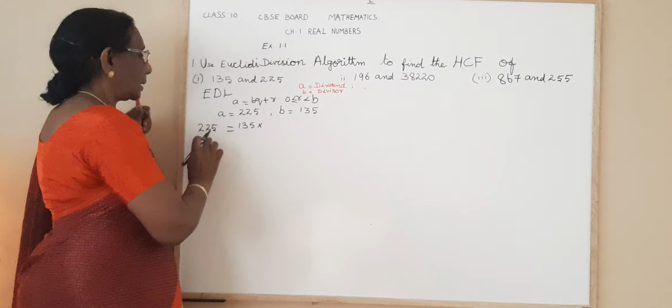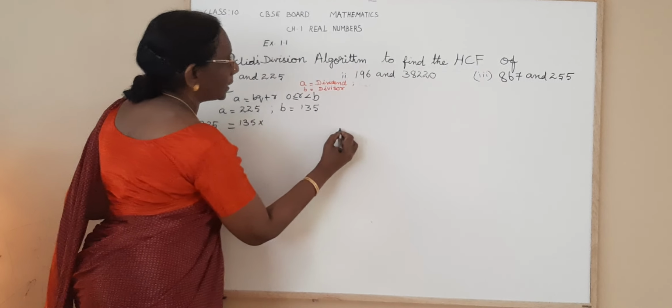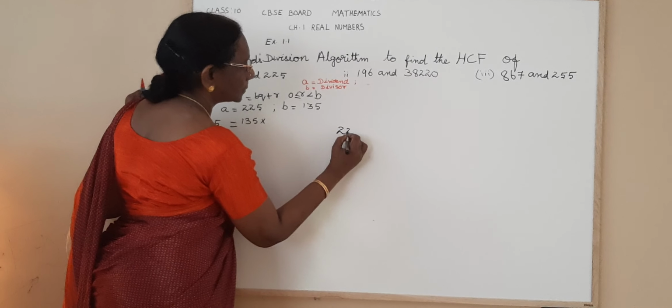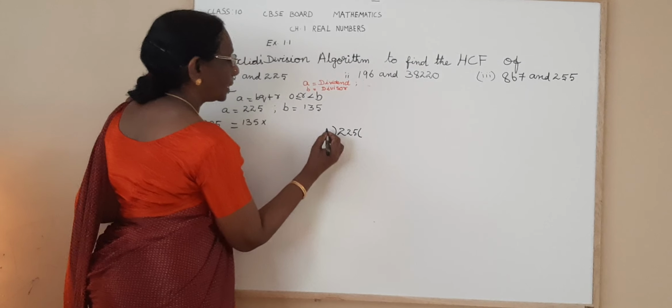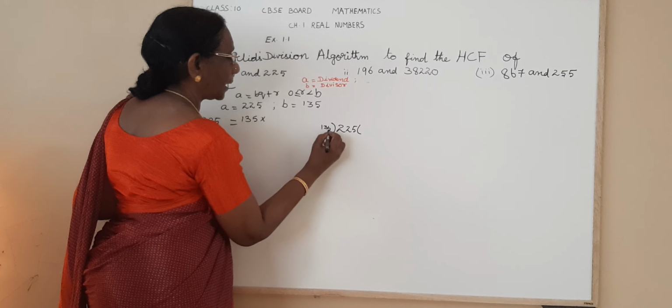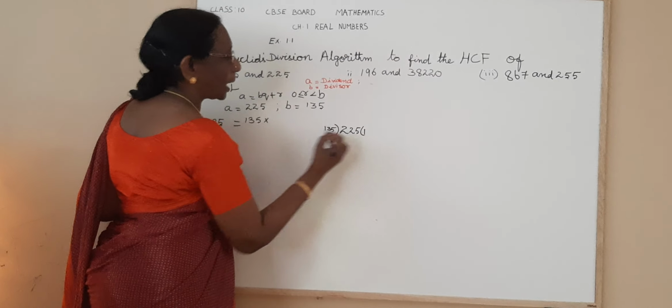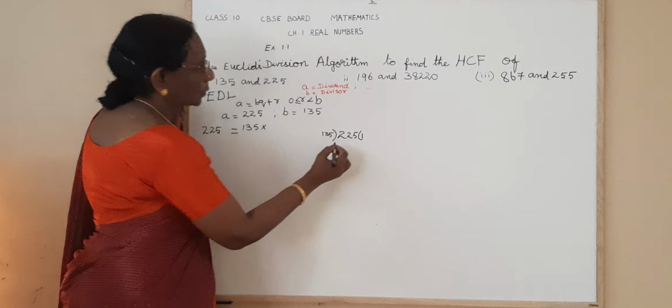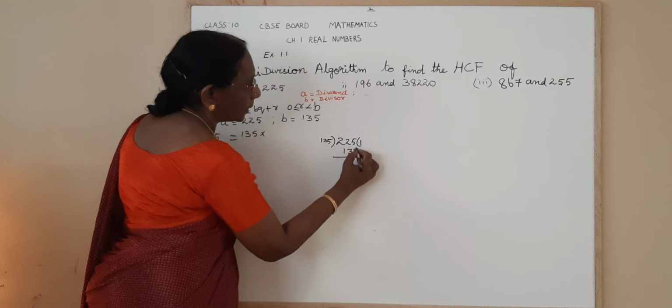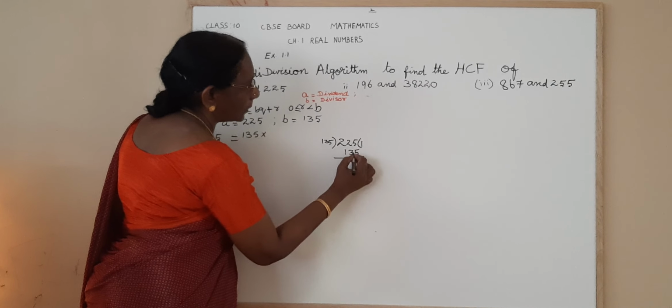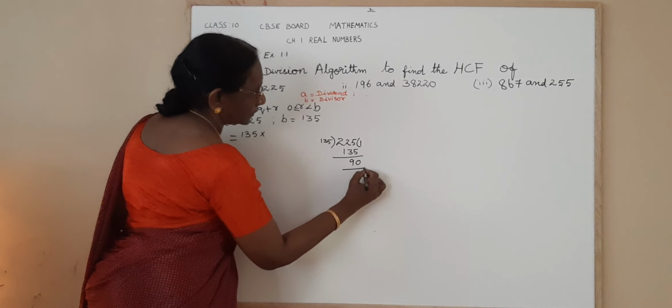Okay, now let us divide 225 by 135. It was how many times? One time. So 135. Now 5 minus 5 is 0. 12 minus 3, 9.